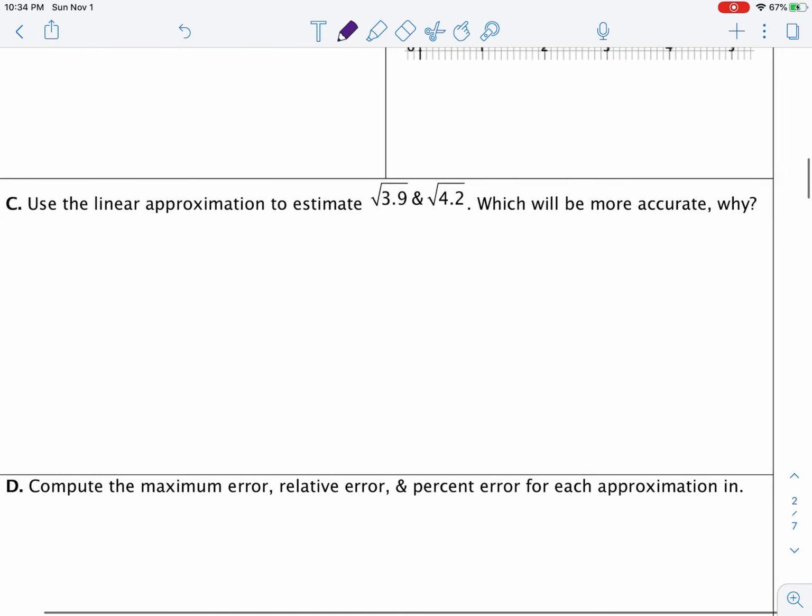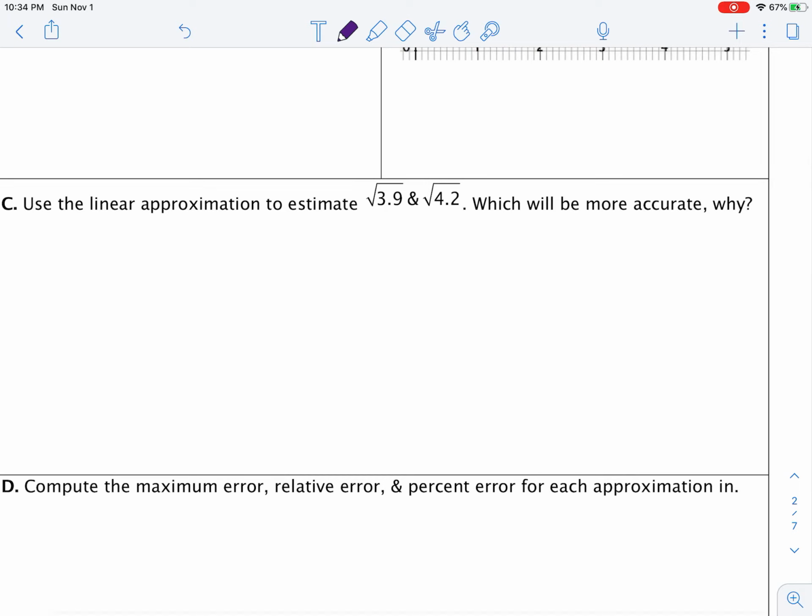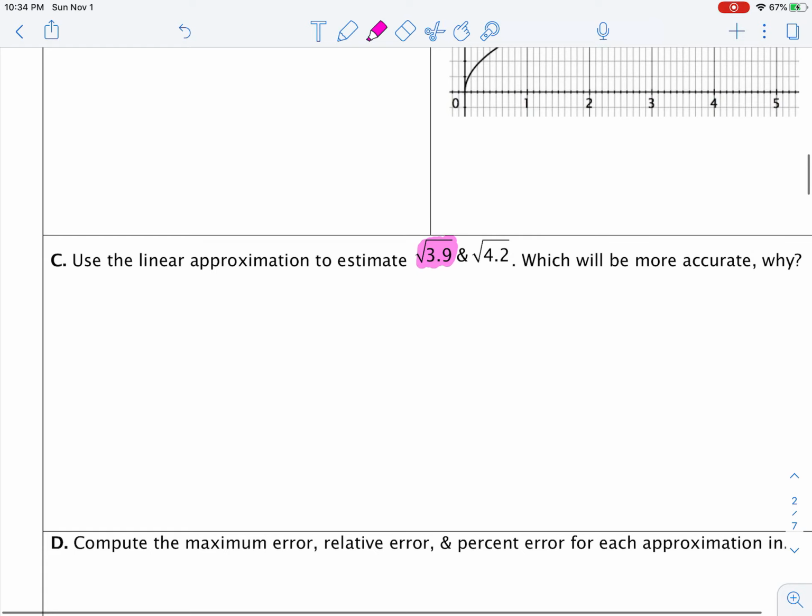And so let's just do some. All right. So let's say, for instance, we want to use the linear approximation to estimate the square root of 3.9 using differentials. So we're just going to use this one instead of 4.2. I know that I can easily calculate the square root of 4, because 4 is a perfect square, but 3.9 is not a perfect square.